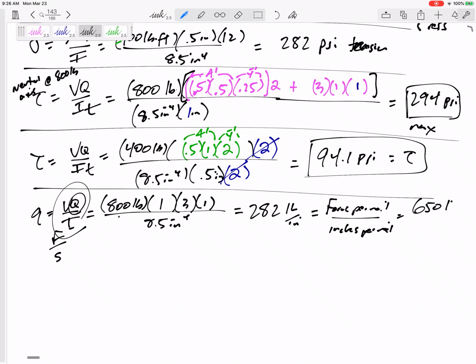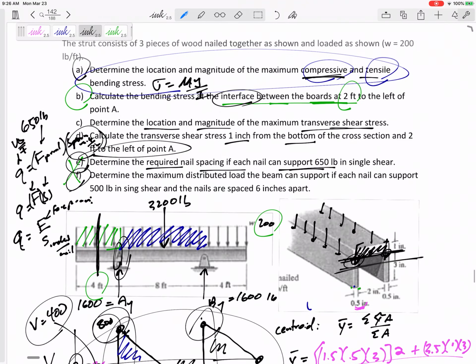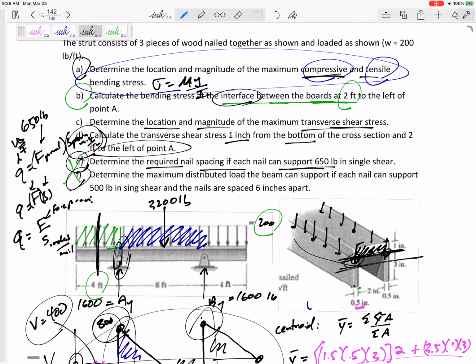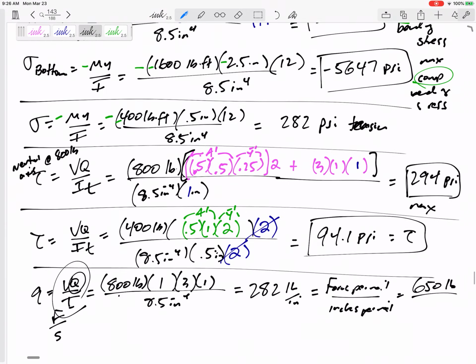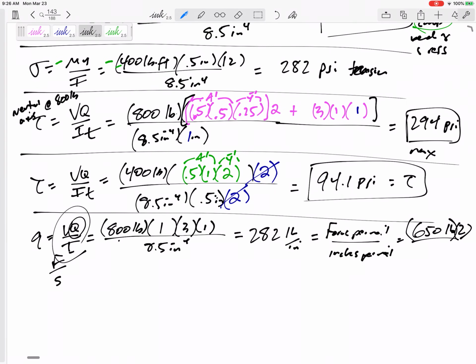And if I know this is 650 pounds, and that's force per nail, and it's being nailed in 2 places, so I'm going to take this 650 times 2, and the inches per nail, S, is what I'm solving for, and I would get S equals 4.6 inches per nail.